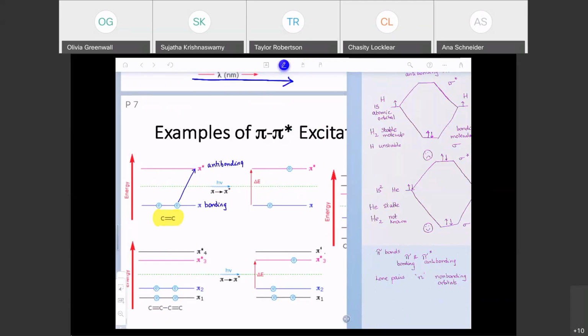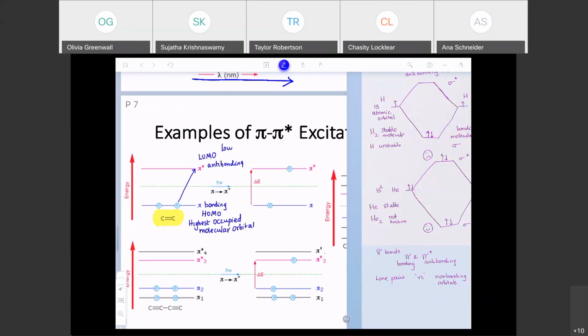Now, this orbital is called HOMO, stands for highest occupied molecular orbital. This stands for LUMO. The pi star is LUMO.